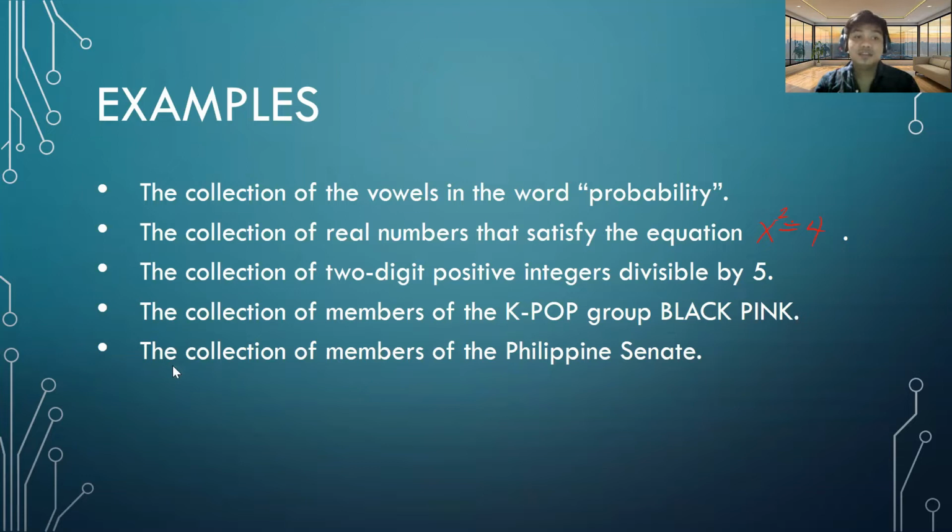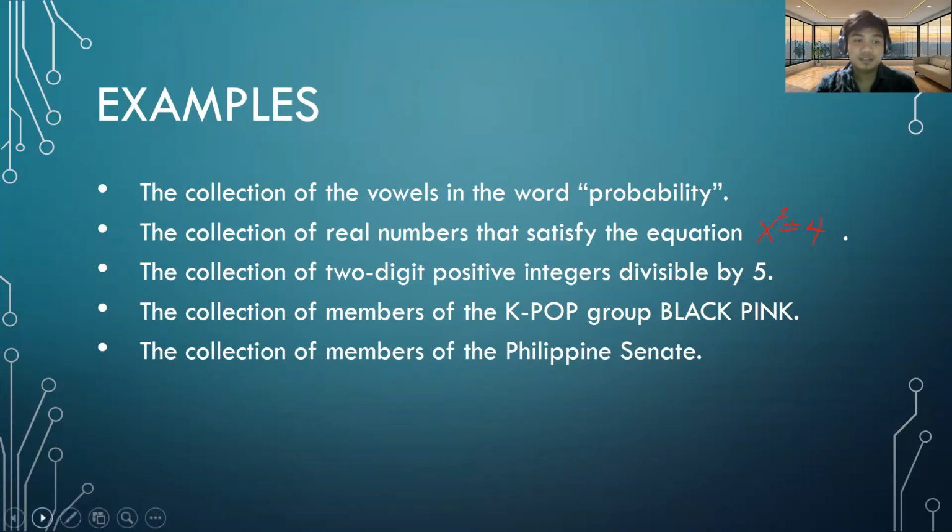And then we have the collection of members of the Philippine Senate. So, yan yung mga example ng sets natin. Basically parang they are groups. The first one is the collection of vowels, so group ng mga vowels na nandito sa word na probability. Same is true with the other examples. We're going to explore these sets sa mga susunod na slides natin.